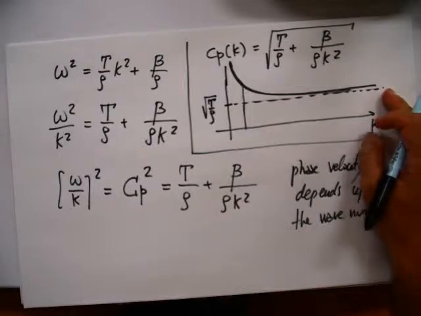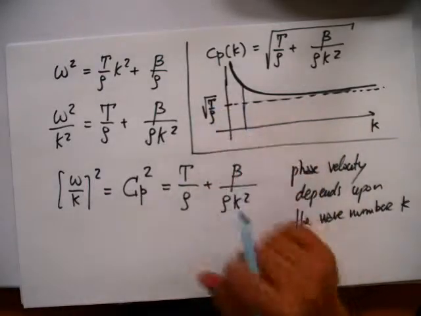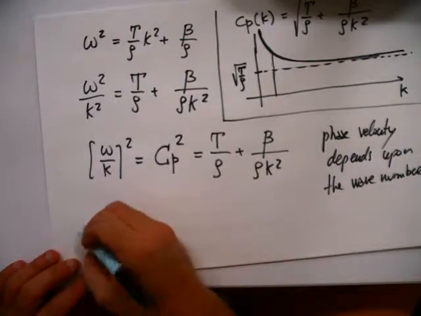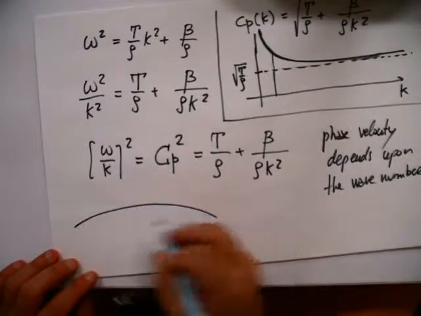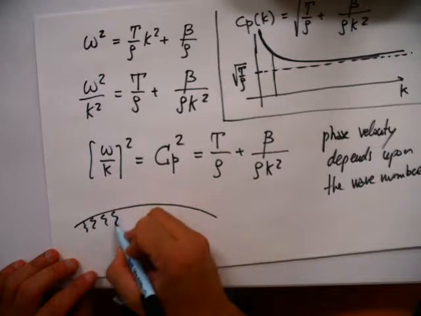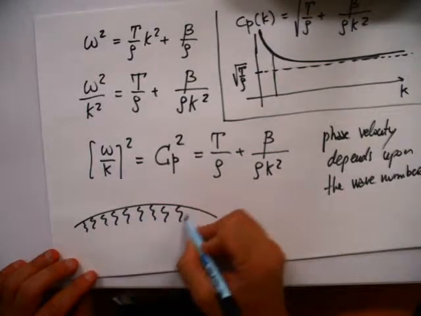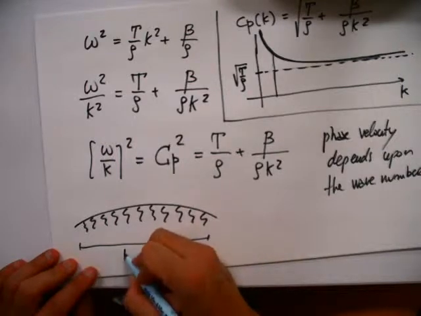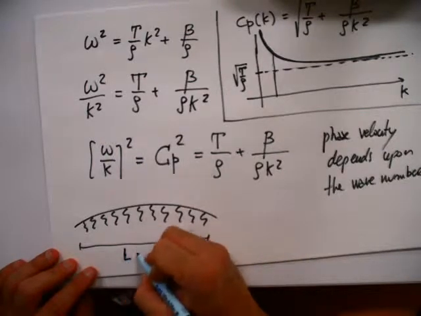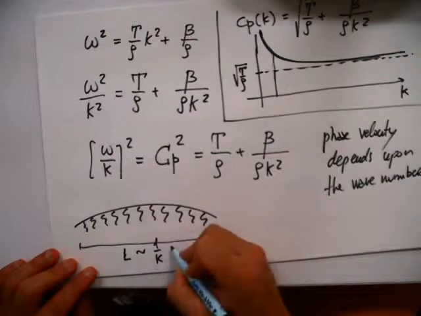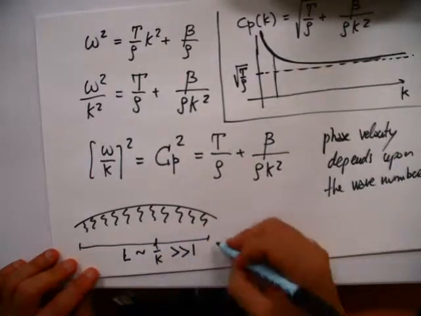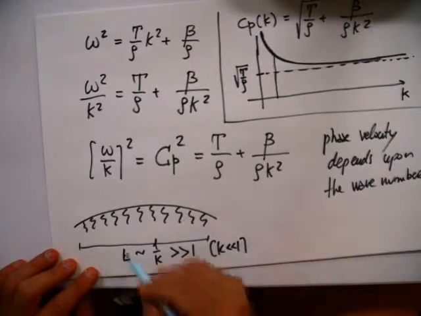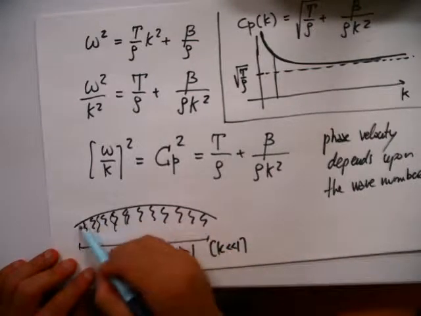And this is very easy to understand because when my elementary wave has a very small wave number, so this length L, which is basically 1 over k, is very, very large, you see that all the elastic springs are acting in the same direction.